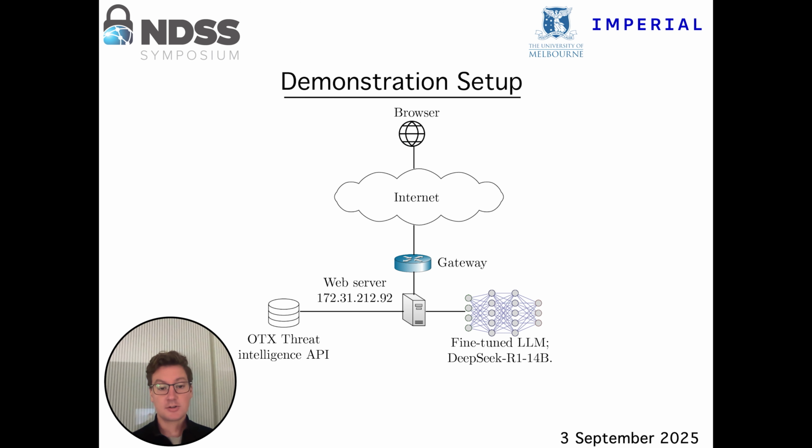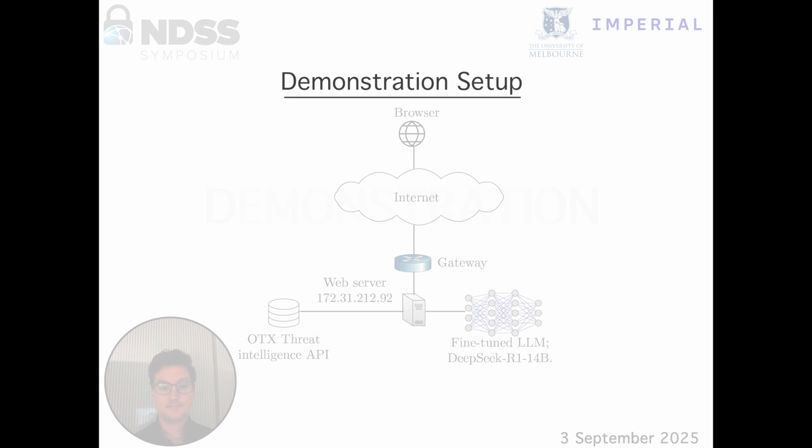To demonstrate our system, I run it on a server where I have downloaded a fine-tuned version of the DeepSeek R1 LLM with 14 billion parameters, and I use the OTX Threat Intelligence API for information retrieval.